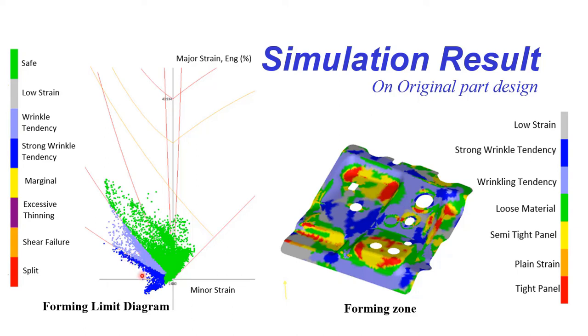If you look at the forming zone here, there are several areas that have a strong wrinkle tendency, as well as some tight panels that tend to split.